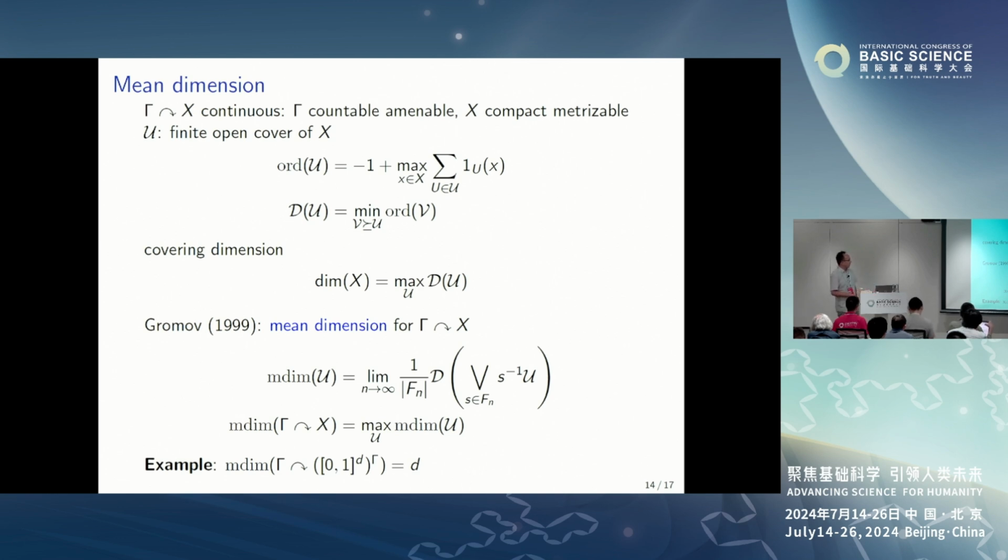And then again you take the supremum over all the finite open covers. That's the definition of the mean dimension. Now, for example, if you look at the Bernoulli shift, but here the alphabet is the unit interval, or a d-dimensional cube of it, then the mean dimension becomes just this number d.